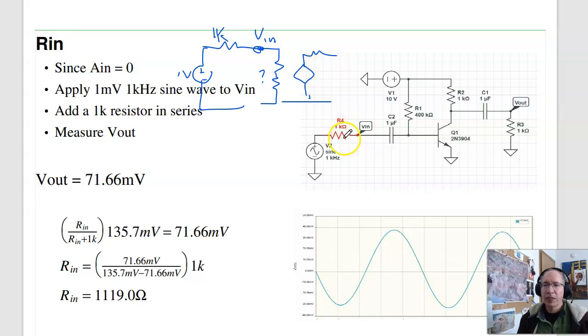So if I apply a 1K resistor at the input, this drops from 137 millivolts down to 71 millivolts. That lets you calculate Rn. By voltage division, Rn over 1K plus Rn, normally the output would be 137 millivolts. The 1K drops the voltage down to 71 millivolts. Solving for Rn, I get 1119 ohms.